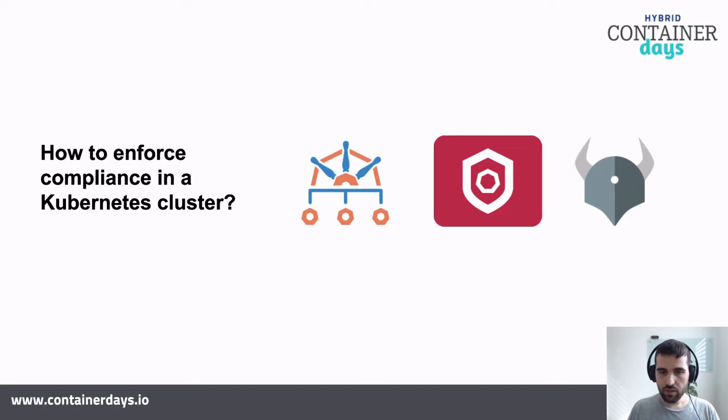Or you may start to think of using the built-in pod security controller. But for today, we will talk about policy engines. In this space, we have a bunch of options like Kyverno, Kubewarden, OPA, but I will focus on Kubewarden during this presentation because it's the current project that I'm working on.